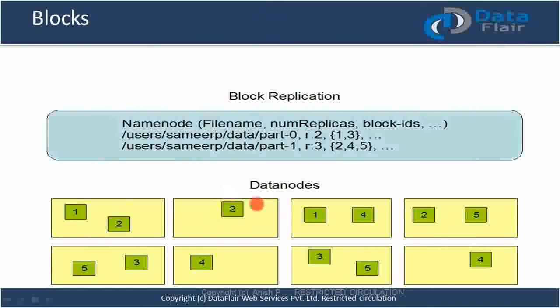Suppose from this data node itself, I copy the data inside HDFS. Then you'll see a lot of blocks will be stored on the same machine, since the distance is quite less. So guys, these are very minor factors. Apart from that, your blocks are placed as well as processed pretty much randomly.